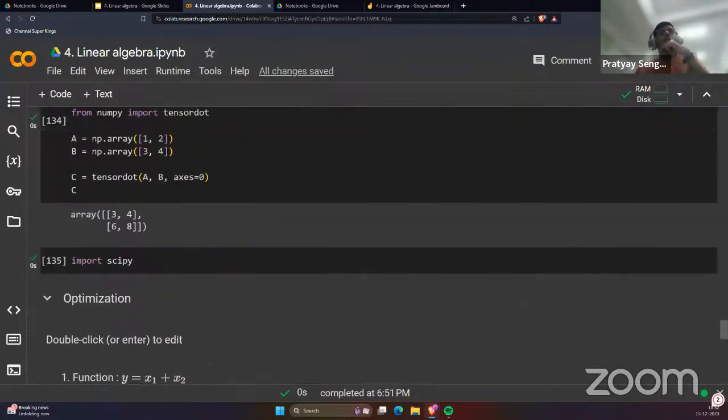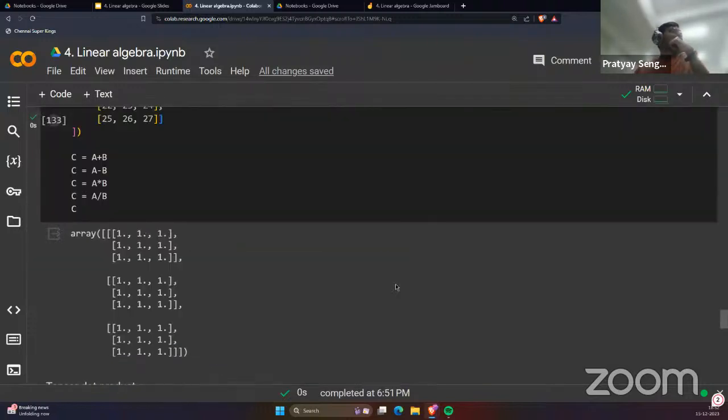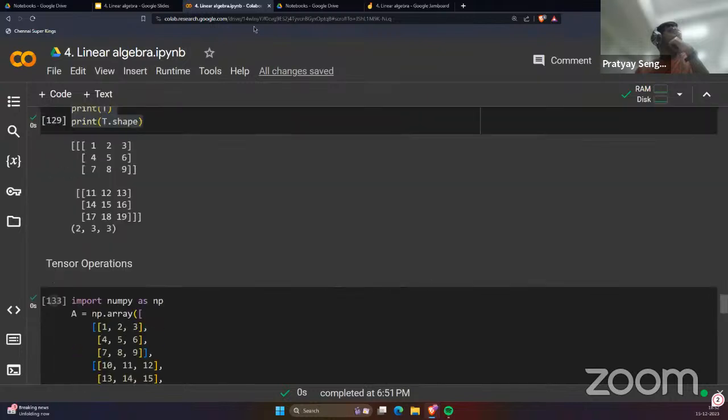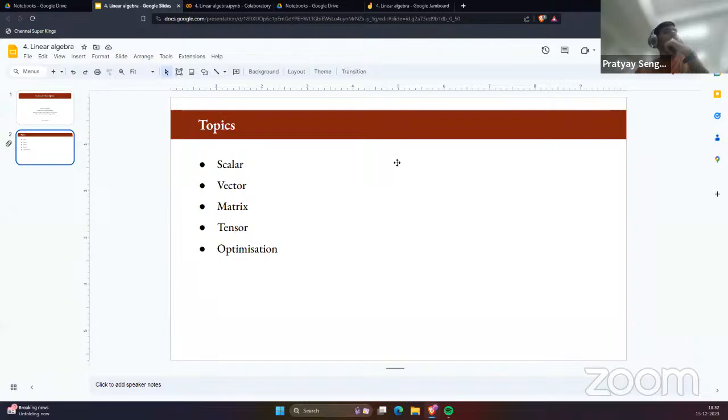So that's it for today's class. Let me recap what we have discussed today. Starting with scalar, we discussed vector multiplication, magnitude of a vector, angle between two vectors, and then we had matrices.